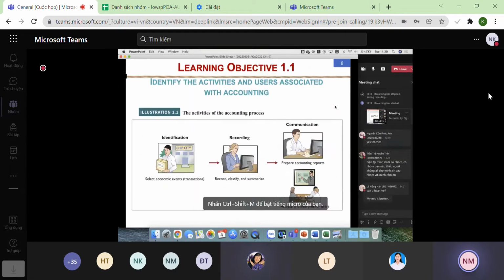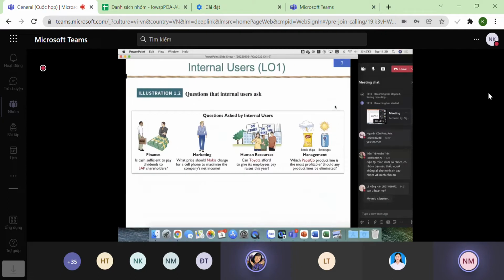For internal users, first of all, we have the slide for internal users. We call them managers. The CEO is also a manager, head of department also a manager, right? Board of managers. And what kind of information do they need?